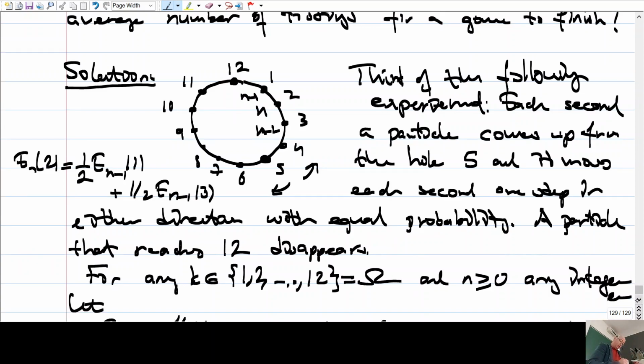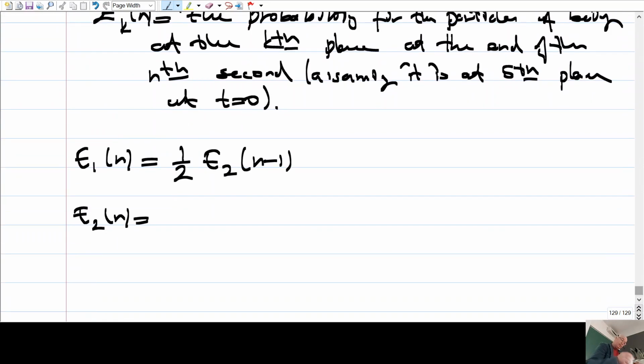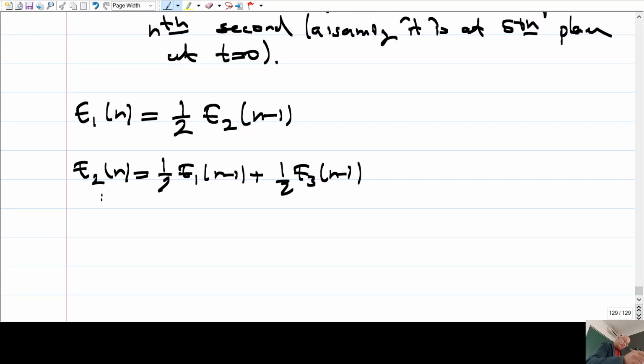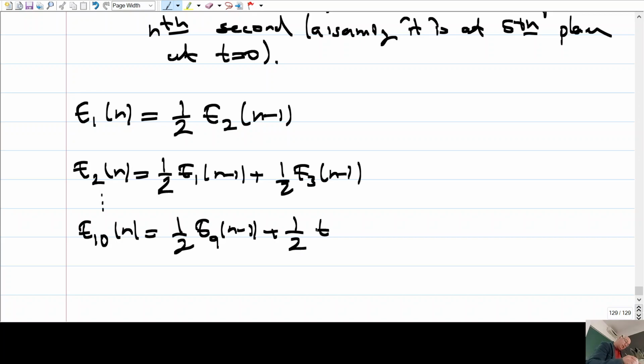Okay, so I write that this is 1 half E1 n minus 1 plus 1 half E3 n minus 1, and it will go like this up to, let me say, E10. So with half probability it will be here, E10 is 1 half E9 n minus 1 plus 1 half E11 n minus 1.